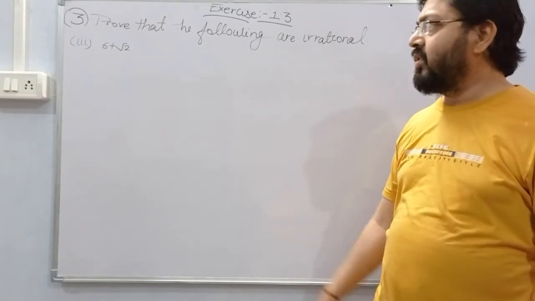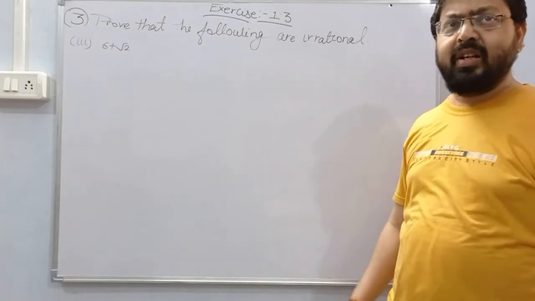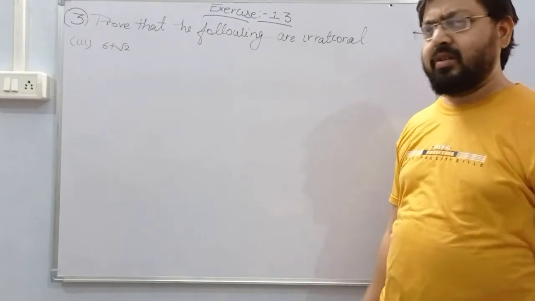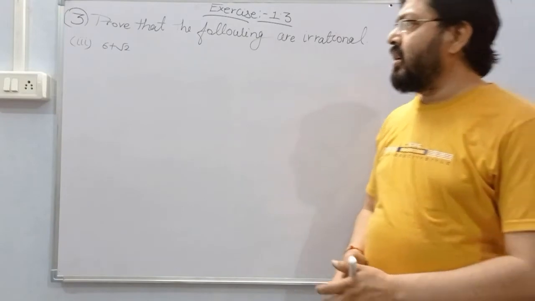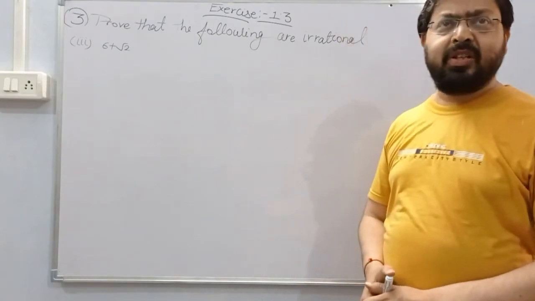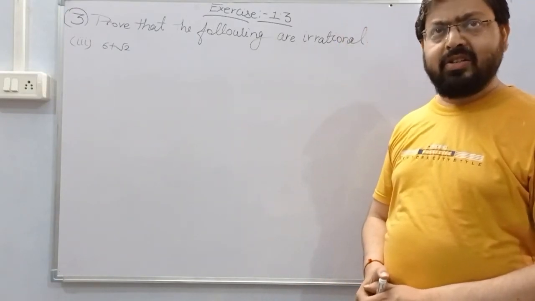Come to the third part. I have to prove this also as irrational. Again, we follow the same method which we followed earlier. In this also we assume 6 plus root 2 is rational.